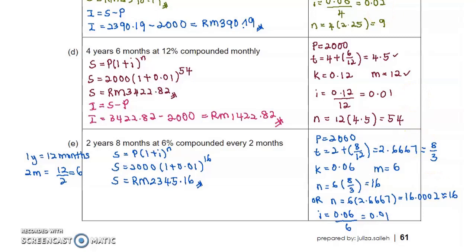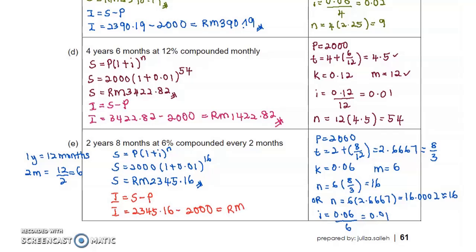Okay, calculate the interest. So I equal to S minus P. P is 2000.